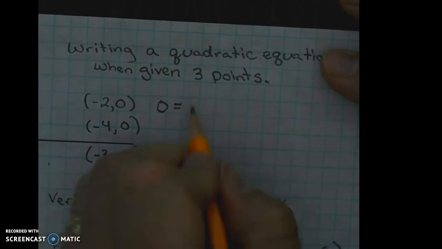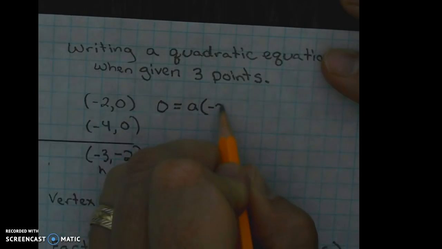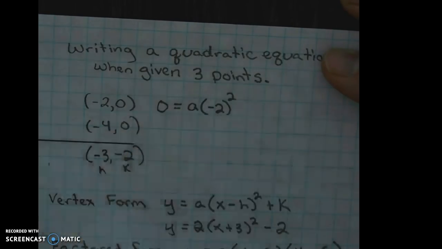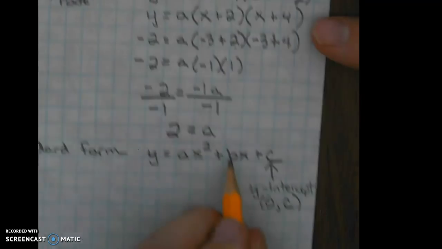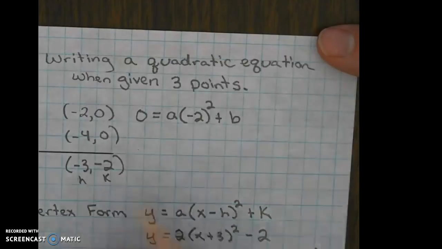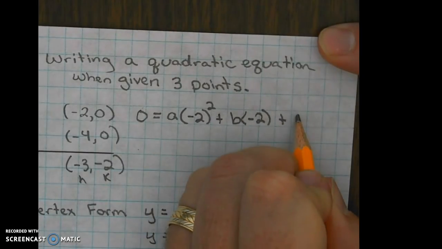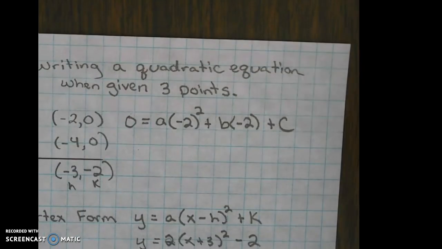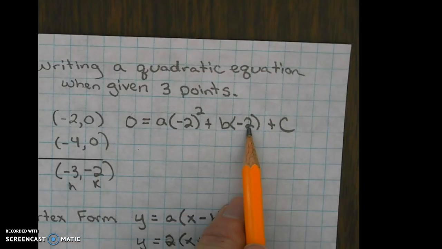It's a times x squared, so x is -2, plus b, back down here, b times x, x is -2, plus c. So notice I plugged 0 in for y, and I plugged -2 in everywhere I saw an x.